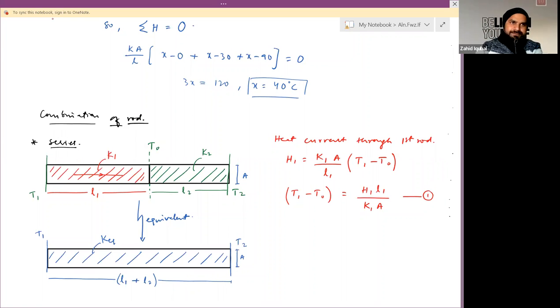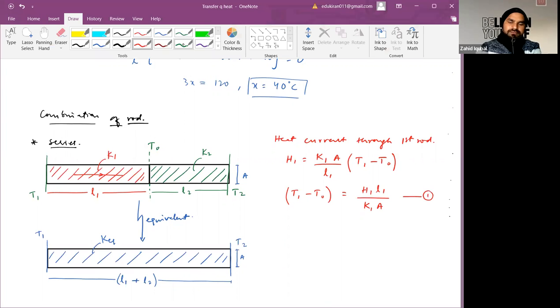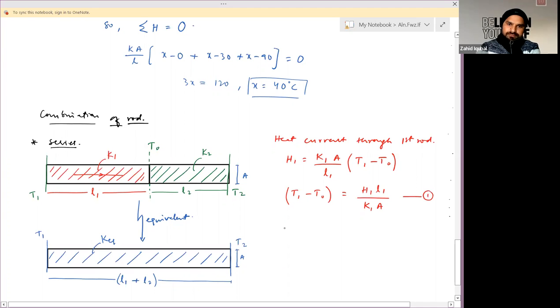Similarly, heat current through second rod.